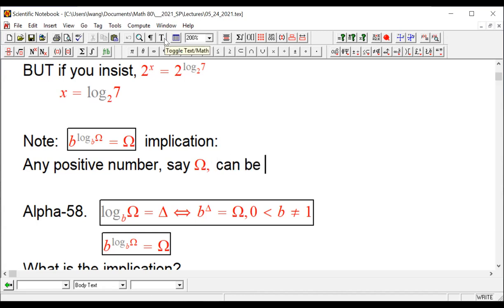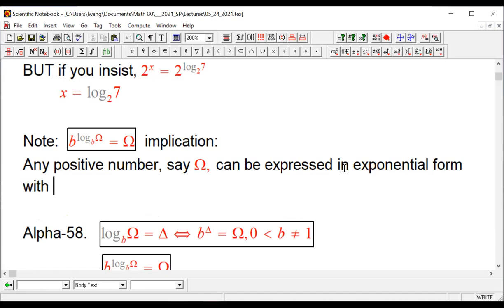can be expressed in exponential form with any base B. And of course, base B has to be larger than 0, not equal to 1.